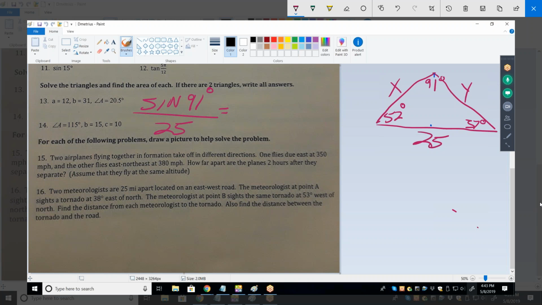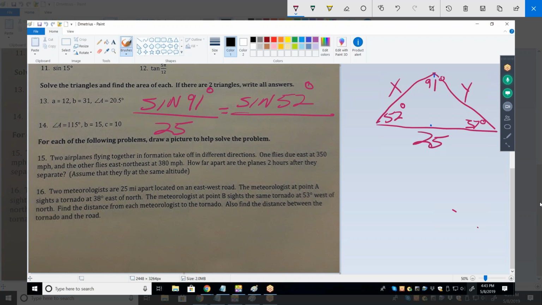Okay. What's on the other side of the equal sign? Sine of big B, which is 52 degrees. I wanted a degree, not a letter. Over what?